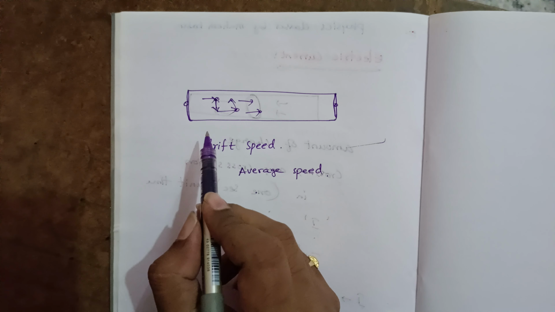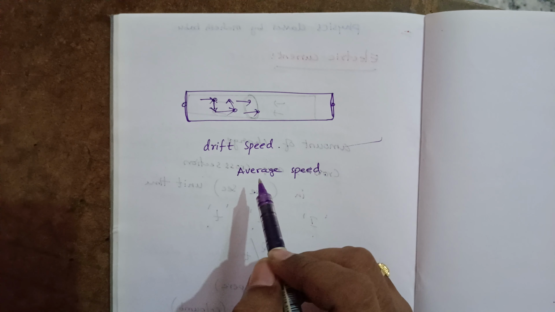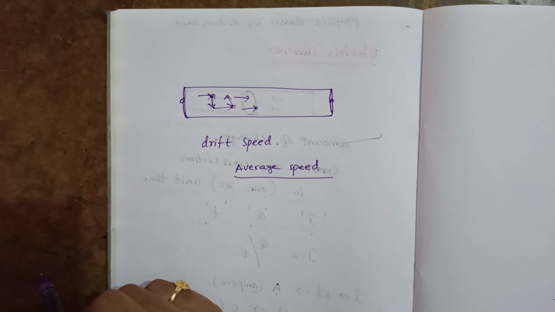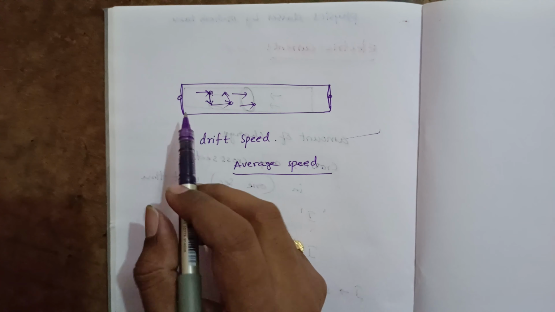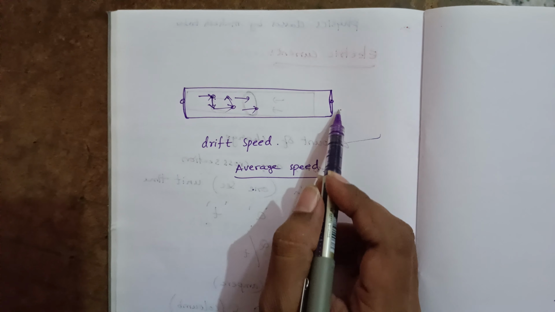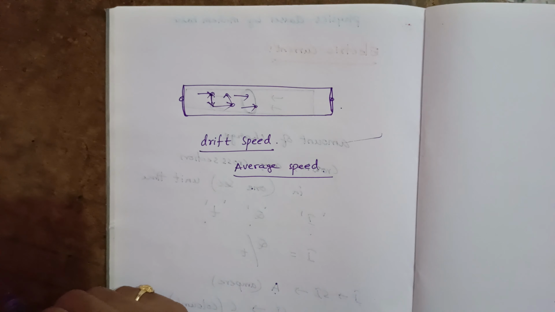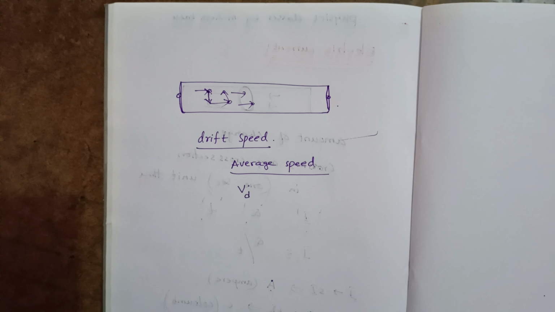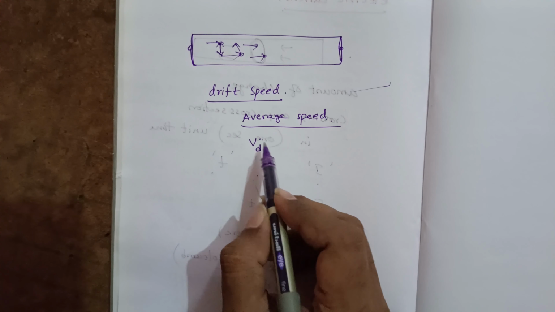From starting to ending, it travels with different speeds, and that average we take. The average speed of the electron to move from one point to another point is known as drift speed. It is denoted with Vd. Vd means drift speed.